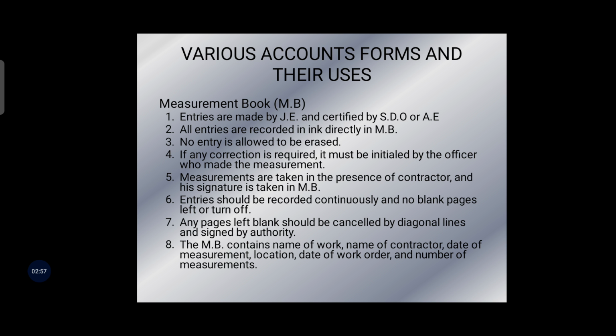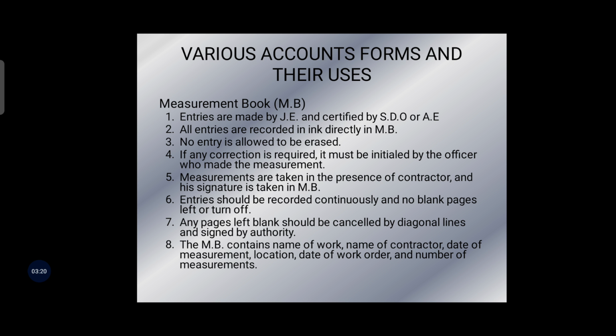No entry is allowed to be erased. If any correction is required, it must be initialed by the officer who made the measurement. The measurements are taken in the presence of the contractor and his signature is taken in the measurement book.